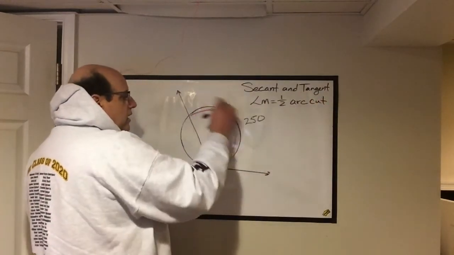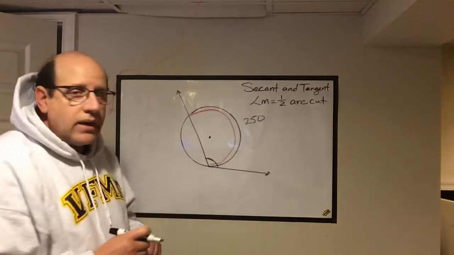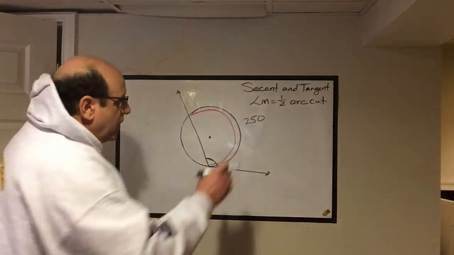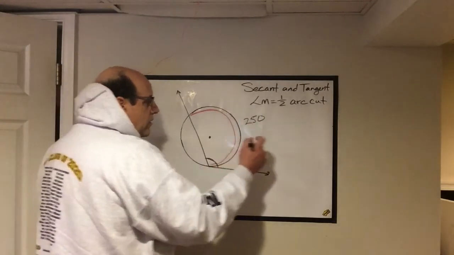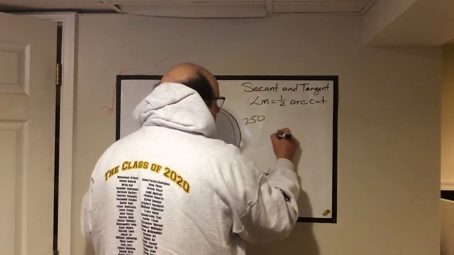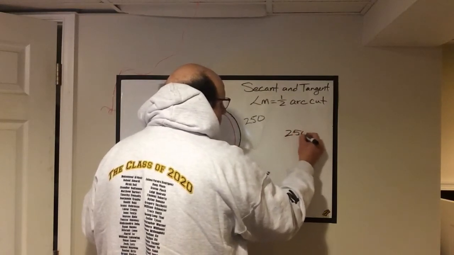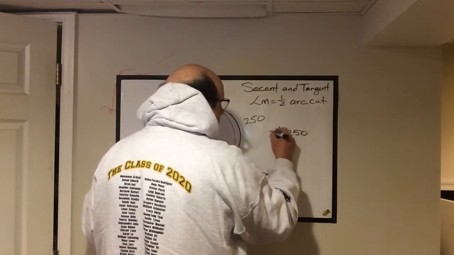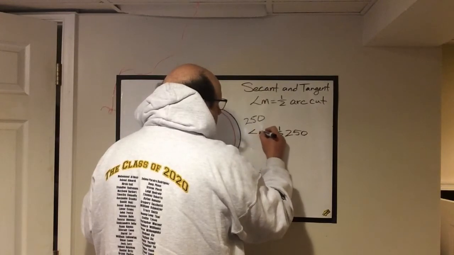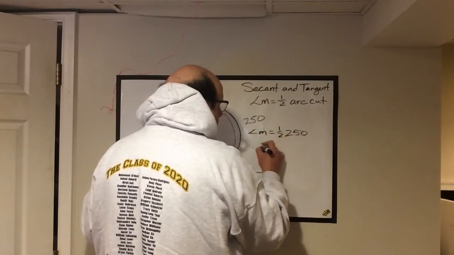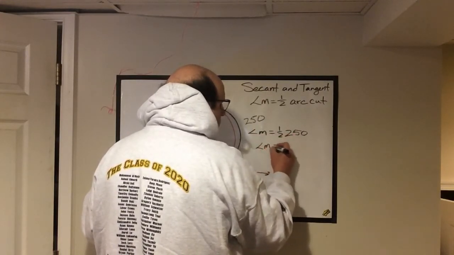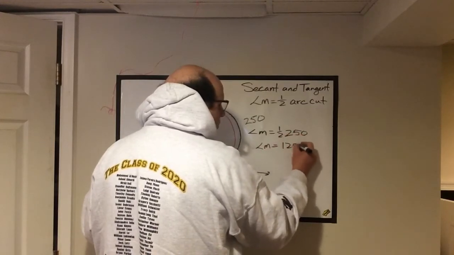Half the arc that's cut by that angle, okay? And so now we know 250, half of it is, so if we have 250 times a half equals the measure of the angle, then all we have to say is that the measure of the angle has to be 125.